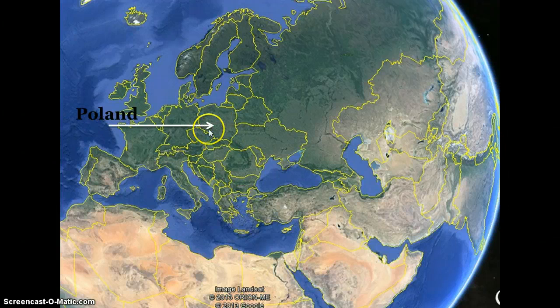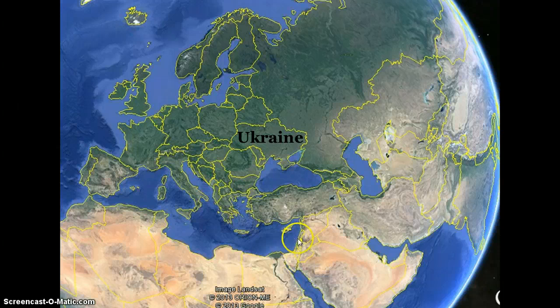Poland is next in line, this long train of large countries. Spain, France, Germany, Poland. And the Ukraine completes that string of large countries. Ukraine was actually a republic of the Soviet Union. The Soviet Union fell in 1991, but it was made up of Russia, and then you have these eastern republics.